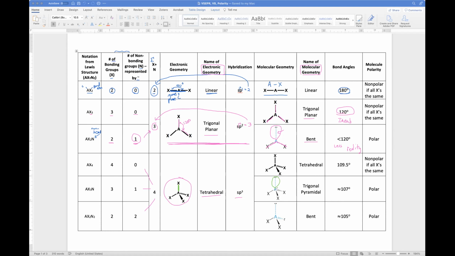And so this is called trigonal pyramidal, because if I were to draw this, first of all, the base would be triangular, and then it kind of looks like a pyramid with an alien sitting on top. And the bond angle, I'm not going to actually ask you to memorize the 107. I wanted you to see it though. I wanted you to see that it is around 107 once you get to that trigonal pyramidal.